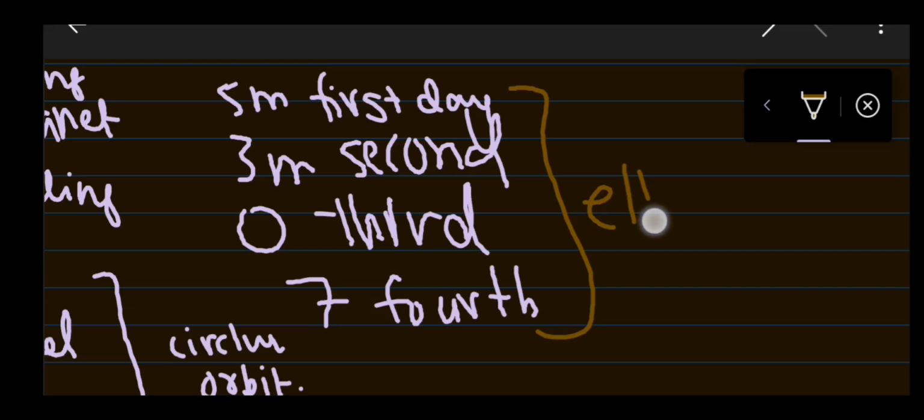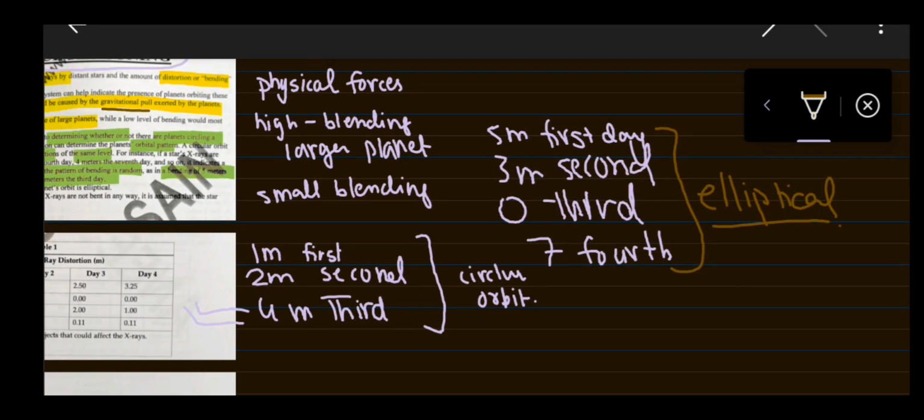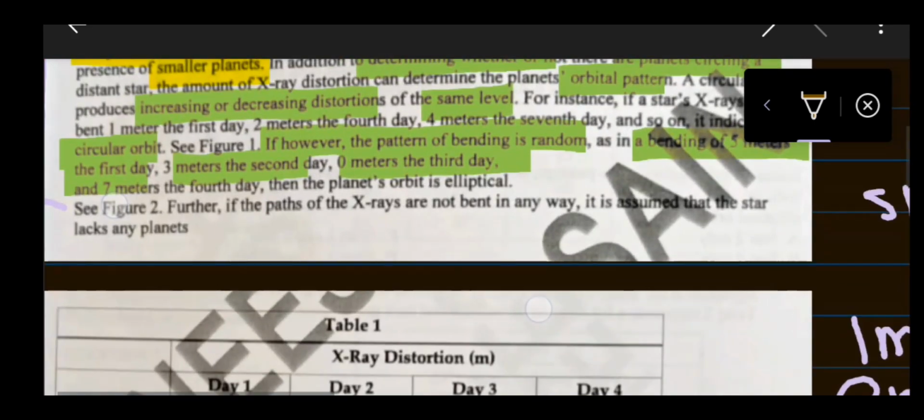So they form the elliptical orbit. Okay, so here we got that if the sequences follow a proper pattern, it is a circular orbit, and if the sequence is not following a clear path, that is random or non-linear, it forms elliptical orbits, right?